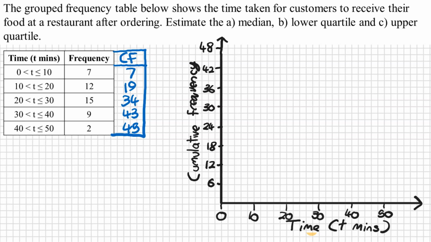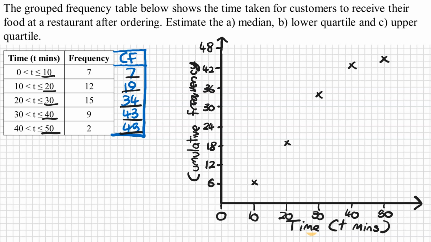So the first point is (10, 7), which is going to be about here, and then (20, 19) like this here, and then (30, 34), and then (40, 43) will be here, and then (50, 45) like this here.